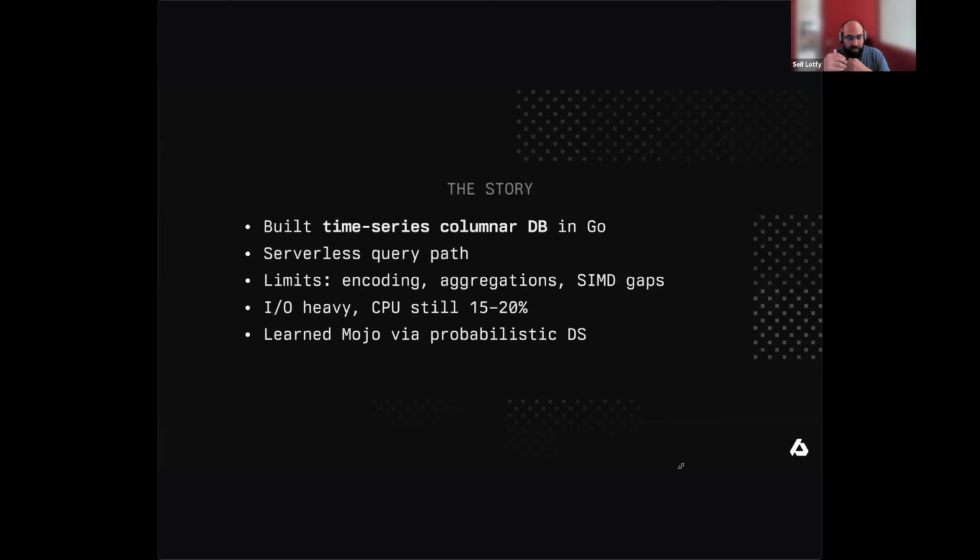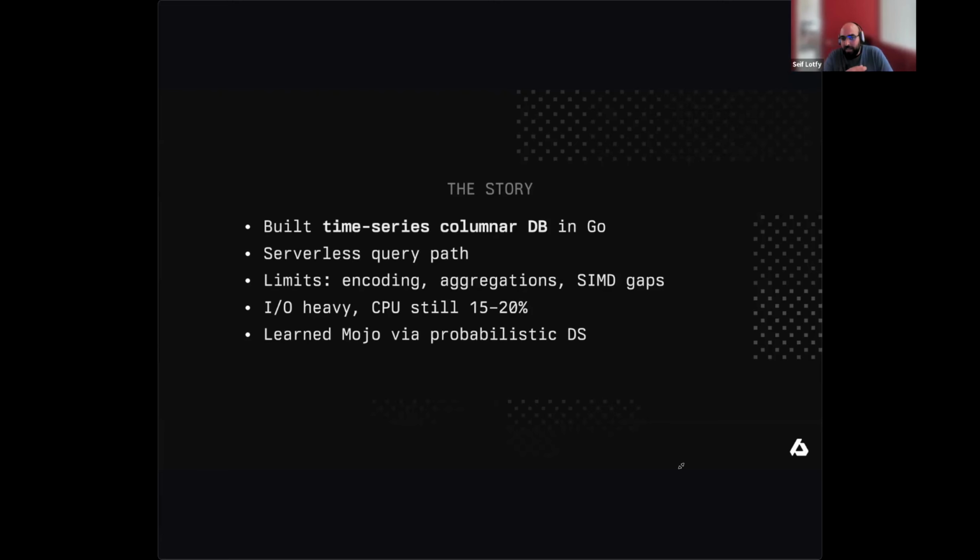Go has almost no SIMD support, and what you end up doing is you have to write C code and AVX and compile it, and cgo and whatnot, and the overhead. And of course, C is not exactly the most accessible language for most of my engineers, who basically went from Python to Go. Very good with data structures, but when it comes down to writing SIMD optimized vectorized code, we're not there yet.